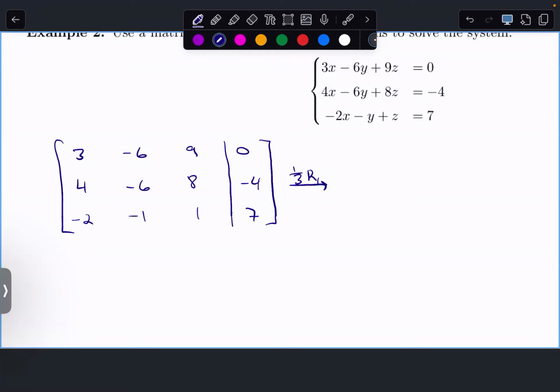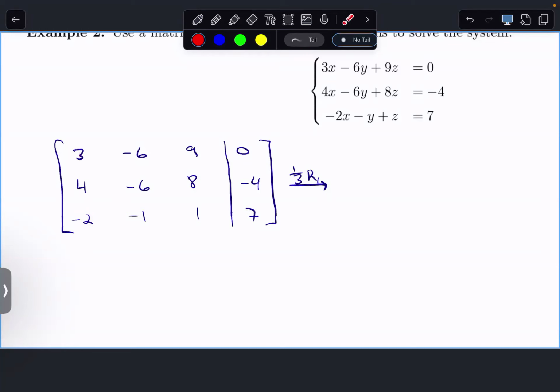Yeah, so the more you work with these, you'll start to see, oh, I see a fraction coming down the road. I don't want to deal with that. How can I avoid it? Are there things that I can do? Like I can use this little guy to eliminate this 4, for example. It doesn't have to be this one.